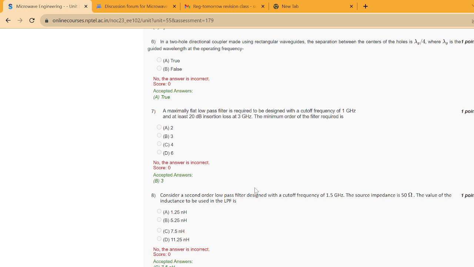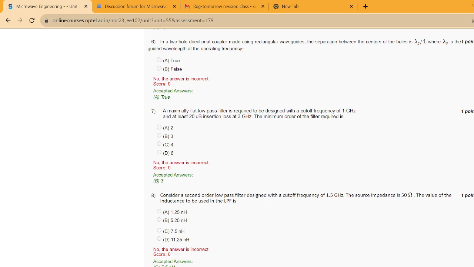Madam, what impedance do we have to keep? Please take the source impedance as 50 ohm, because I have worked out the example for 50 ohm and 2 gigahertz. So I can compare your answer.